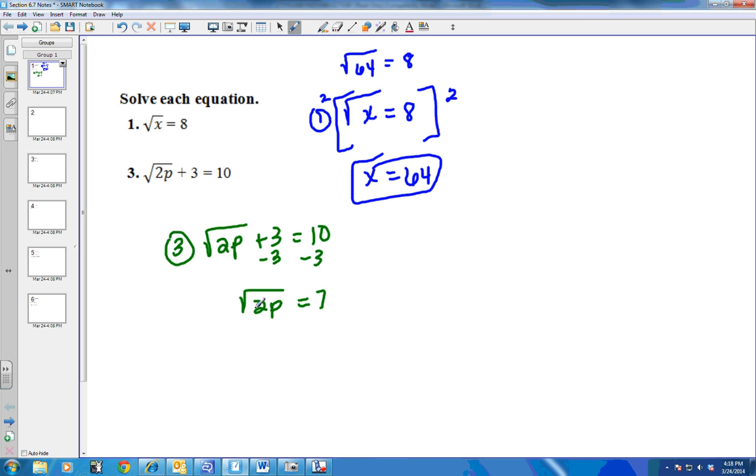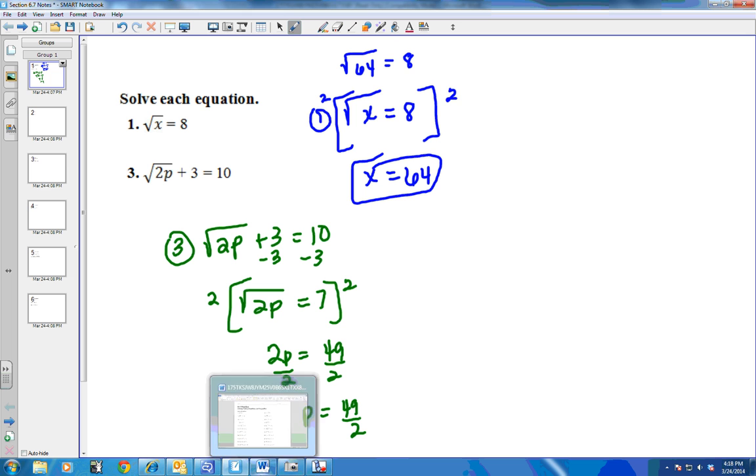Now that I've isolated my radical, I'm going to do the same thing. I want this out from underneath the square root sign, so I'm going to square both sides again. So when I square the square root of 2p, I get 2p equals 49. Solve for p. So p equals 49 over 2.